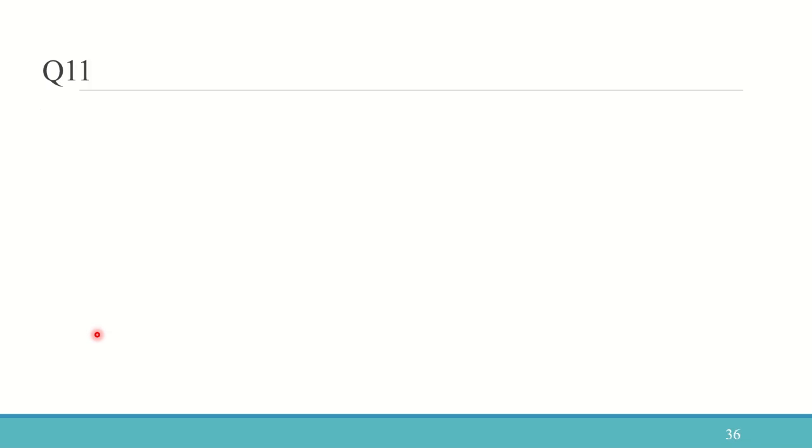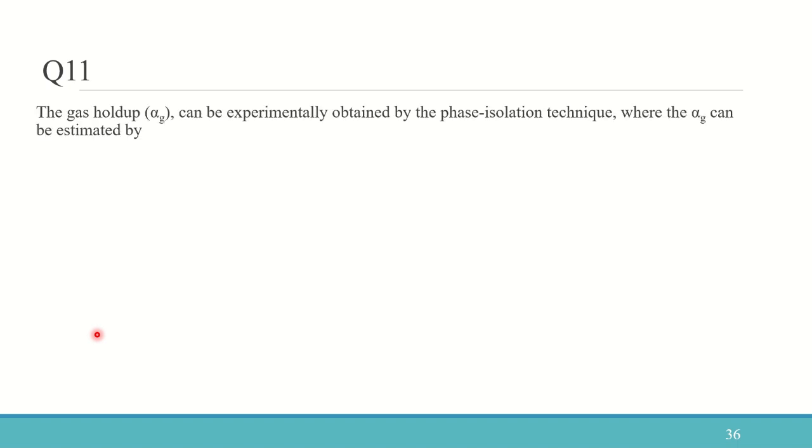Now we'll go to question 11. It is asked that gas holdup alpha G can be experimentally obtained by the phase isolation technique, where alpha G is estimated by. As we have seen in the last class, gas holdup is estimated using the phase isolation technique.